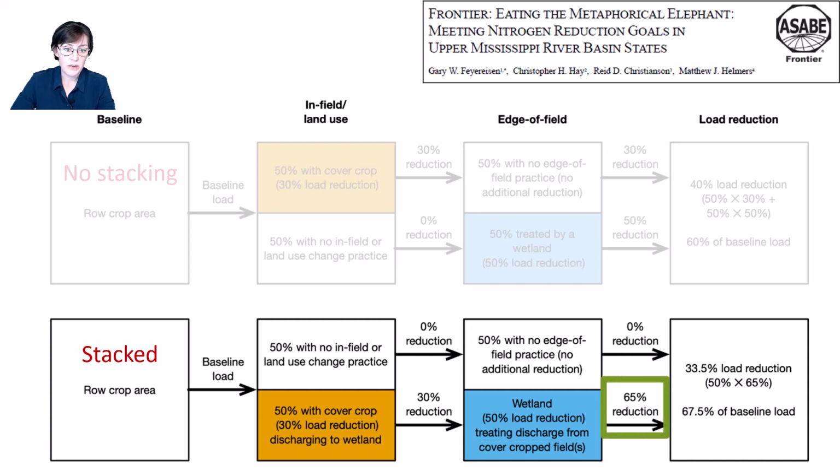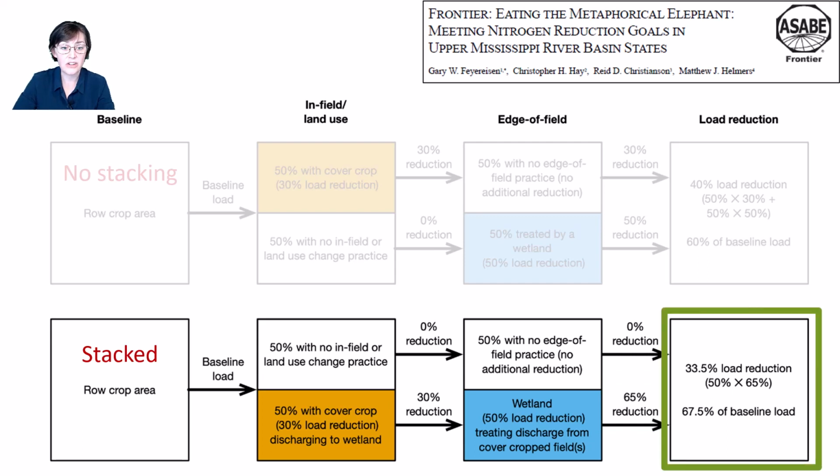So the original 30% removed by the cover crop plus the 35% removed by the wetland gives me an overall 65% reduction on the acres that were treated. Coming to the end, remember I was only treating half of the acres in this scenario, so I've actually only removed 0.5 times 0.65, or 33.5% overall.